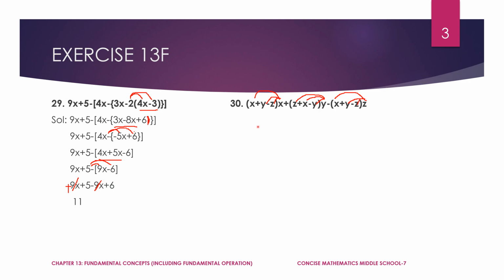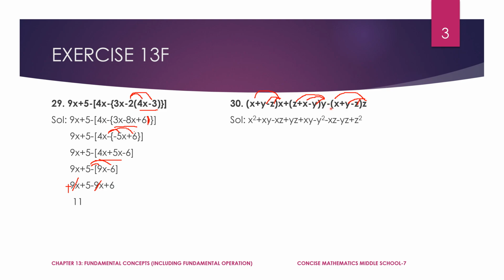Right? When you multiply, x into x is x square, x into y is xy, minus z into x is xz. Even here similarly you can multiply, but here there is a minus sign, so multiply with minus z. Most children just multiply with minus and forget that they have a minus sign over here.